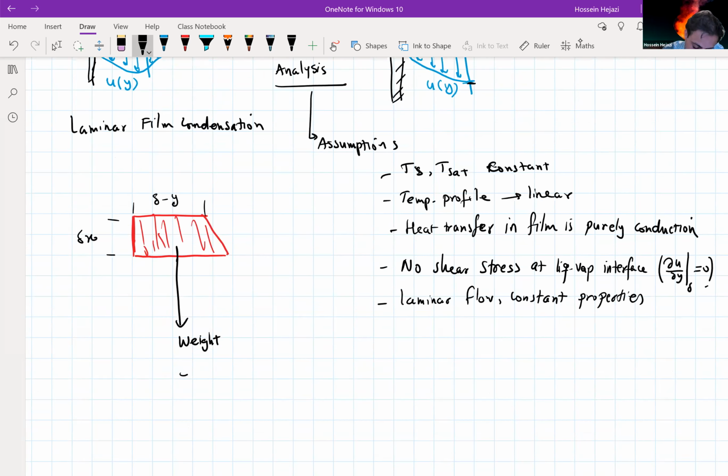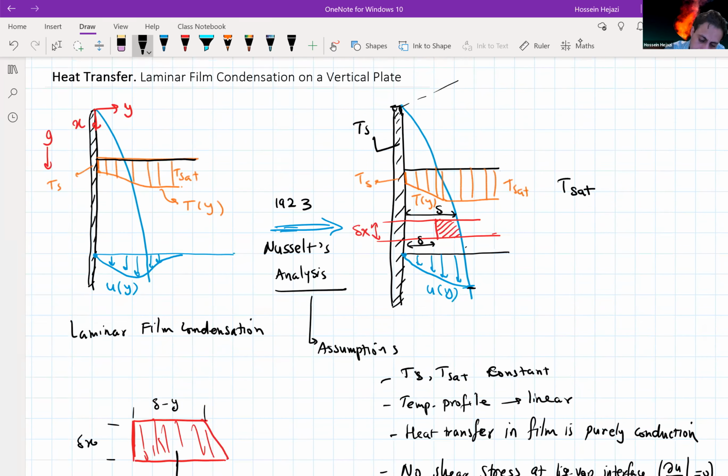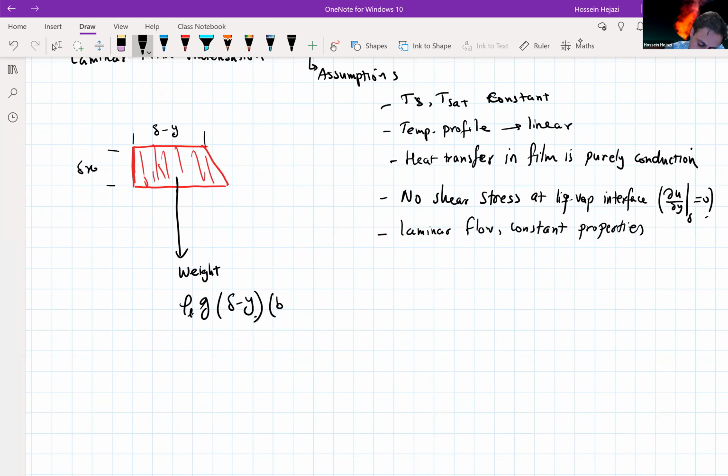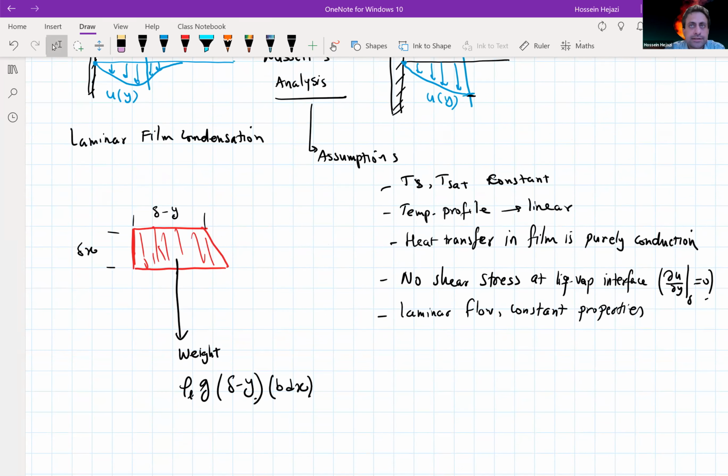And the weight of that one is going to be rho L g (delta minus y), if we assume the other dimension of this plate is b, times b dx. So this is going to be the weight of this element, which is the volume times the density times gravity.